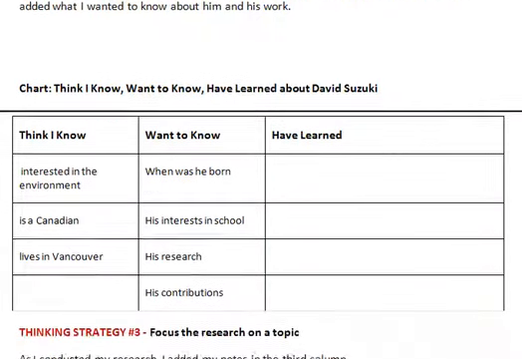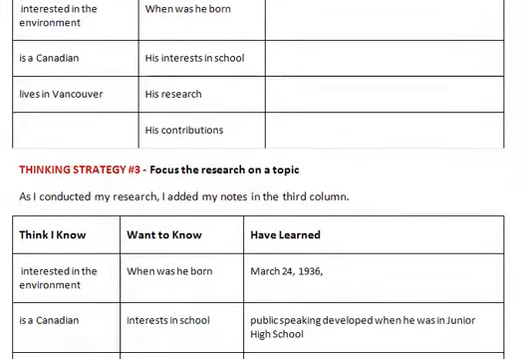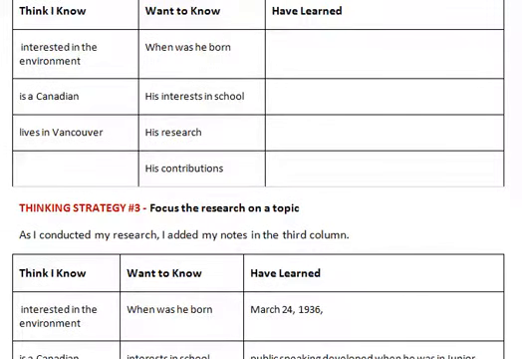Think I know: interested in the environment, is a Canadian, and lives in Vancouver. Want to know: when he was born, his interest in school, his research, his contribution. Have learned: nothing entered so far.